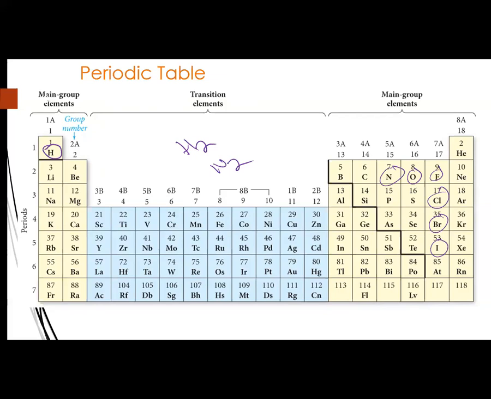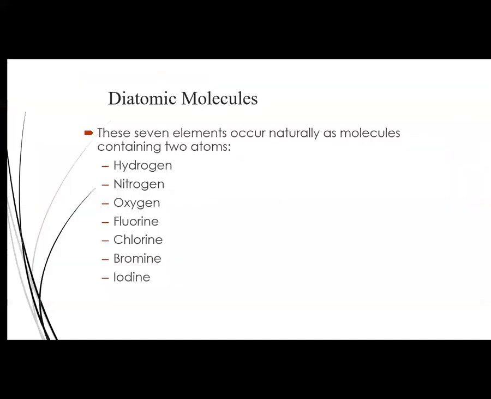So now when we talk about elemental nitrogen showing up by itself, then we should be able to know that it shows up as a diatomic molecule. On the other hand, if we're talking about an element that's not like that, let's say helium, then we know helium shows up by itself. Or aluminum, aluminum shows up by itself. So only those 7, when we see them, they're going to show up as what we call a diatomic molecule. And that's going to be an important part when we start working with our chemical reactions and translating them over. So those are our 7 that occur.